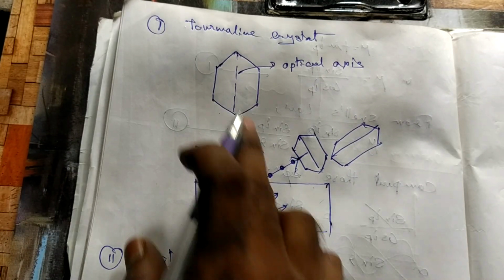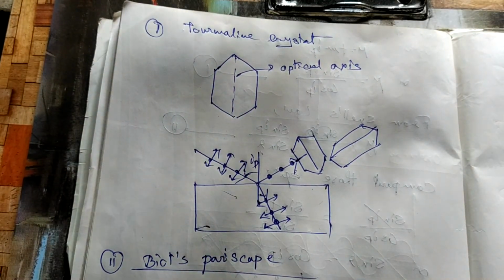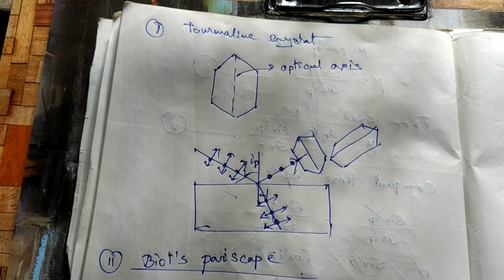Then we know about the tourmaline crystal. Now one thing we have to know: what is that tourmaline crystal? The example of such a crystal is calcite crystal.